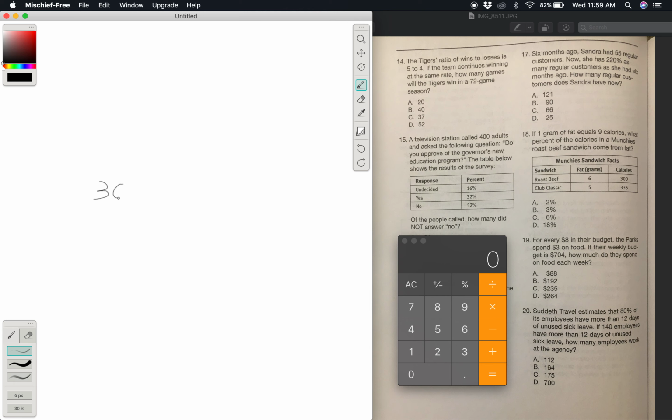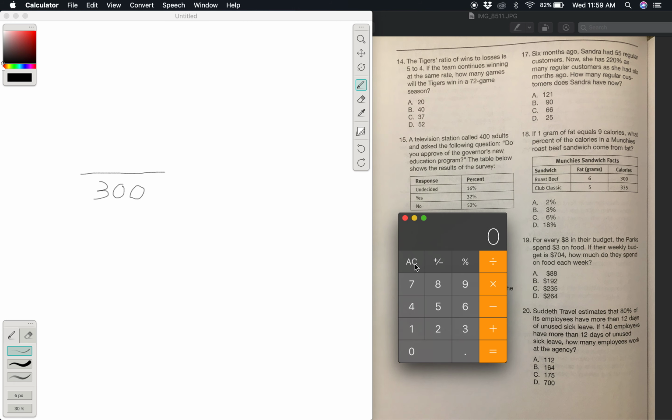Part of that comes from the 6 grams of fat, and each gram is 9 calories. So 6 times 9, to figure out how many calories there are from fat, equals 54. So this 54 comes from the fat.